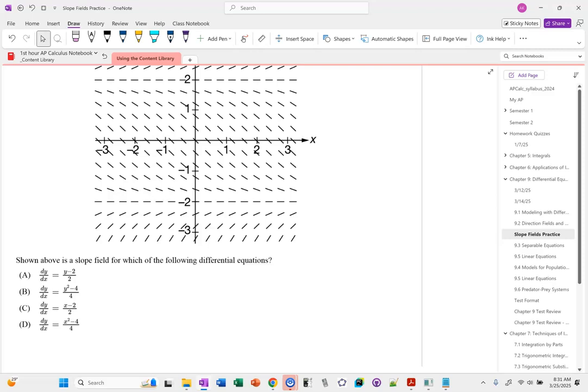You should be able to do this just from the equilibrium values, right? What's our answer? B. Because this is y equals -2, and this is y equals +2.